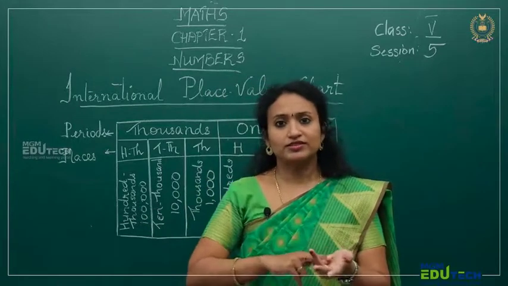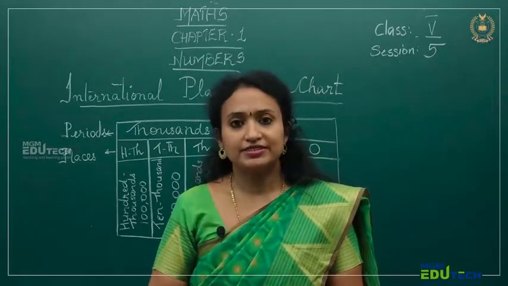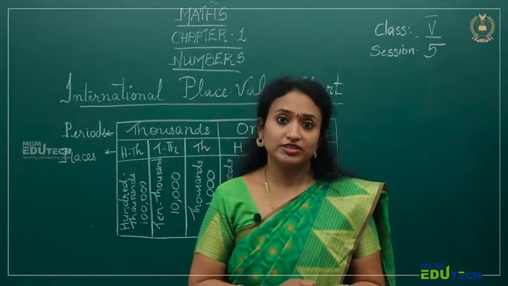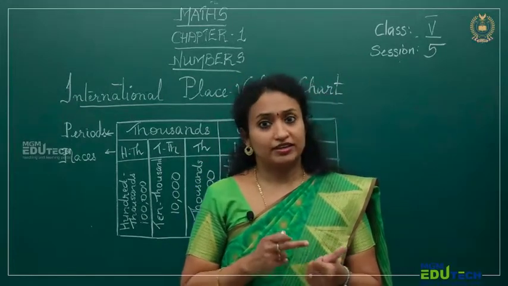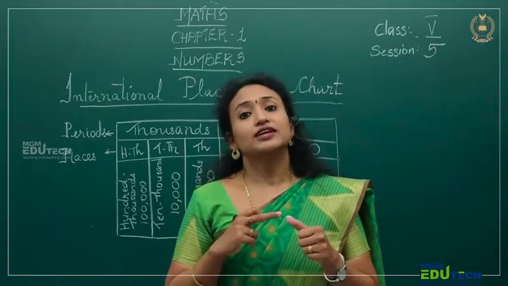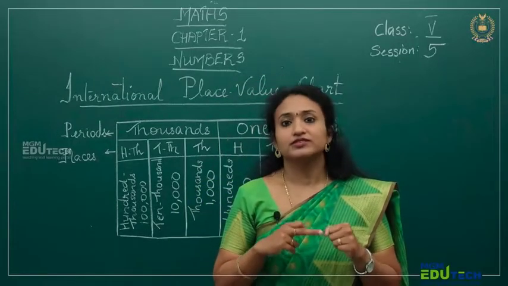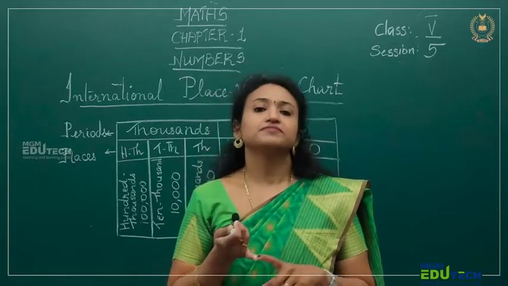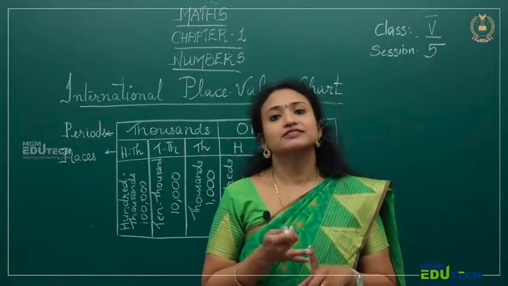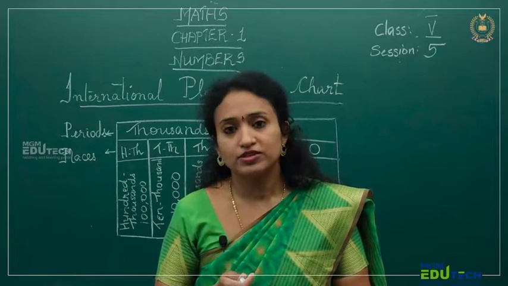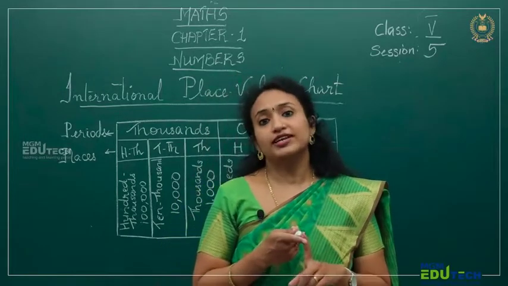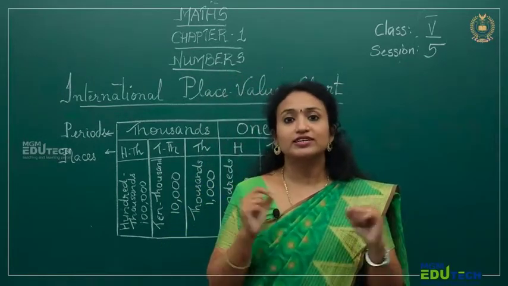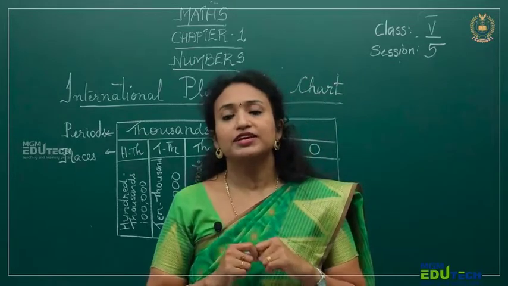It was ones, then we had tens, then hundreds, then thousands, then 10,000, then lakhs, then 10 lakhs, then crores, and 10 crores. Correct? So those were the places in our Indian place value chart.